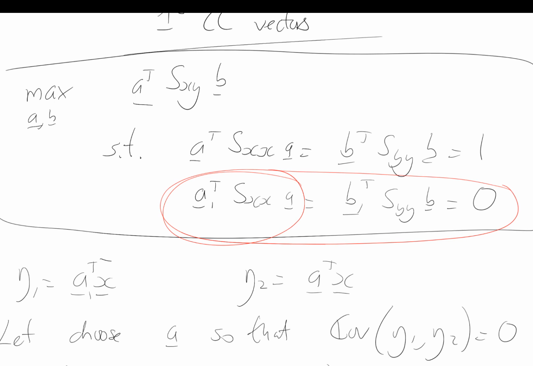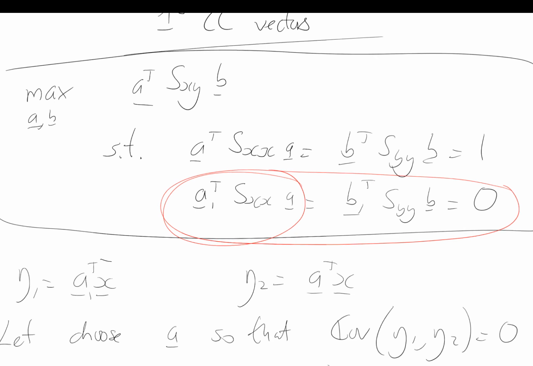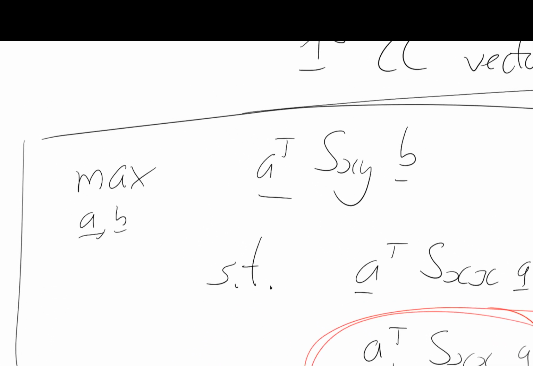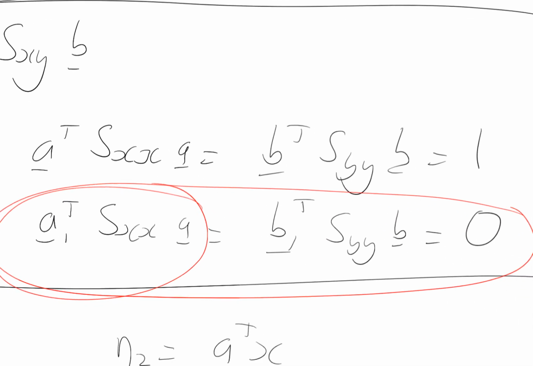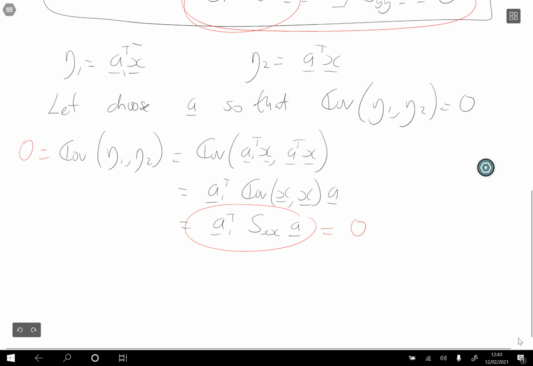Okay, so this is the optimization problem we're going to want to solve. Maximize this covariance subject to the transformed vectors having length 1, and that the correlations with the previous canonical correlation variables are 0. So the question is, what's the solution going to be?